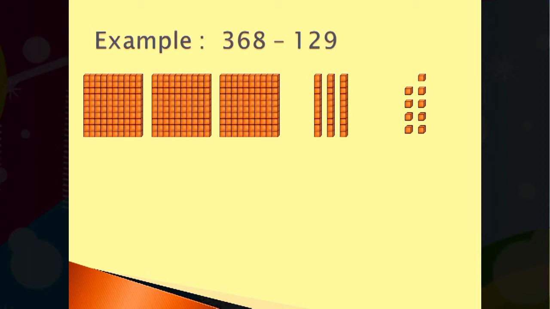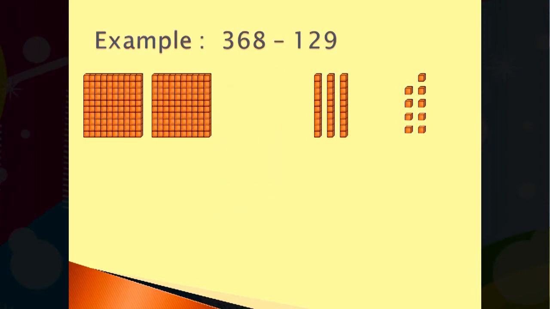Let's move on to the hundreds. There are 3 hundreds and we'll subtract 100. What number does the remaining blocks represent? If you said 239, then you are correct.